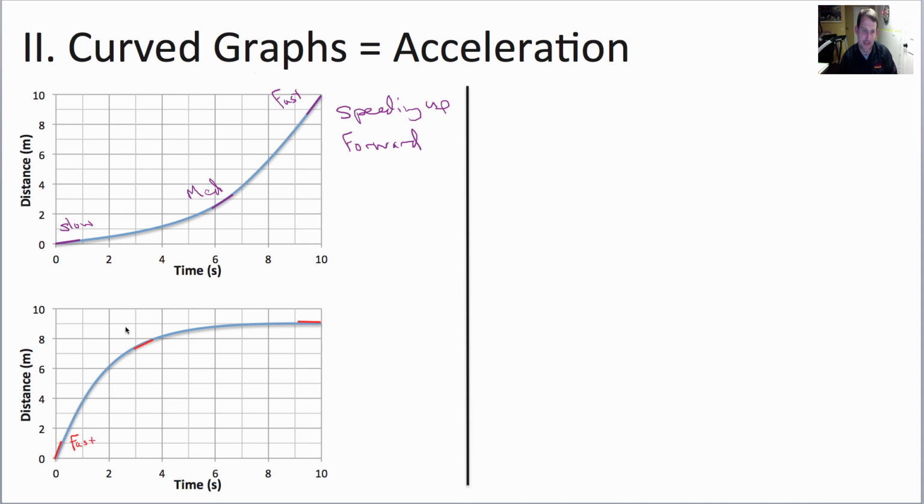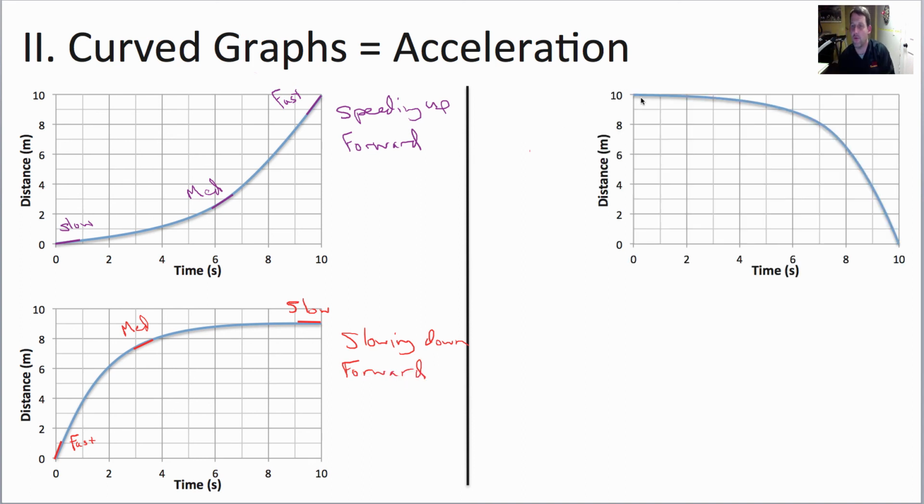This one's kind of a medium, so it must be a medium speed. And this slope is almost zero, so this one is really slow, if not stopped. So we're going from fast to medium to slow, and we call that slowing down, of course. Now again here, we're still gaining distance. We're getting farther away, so we're still moving forward.